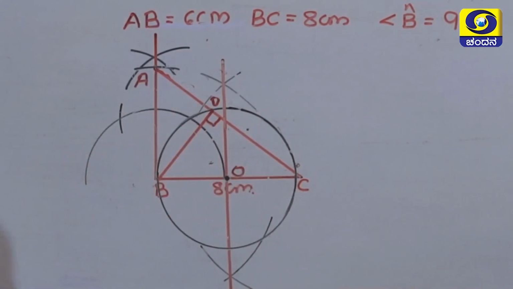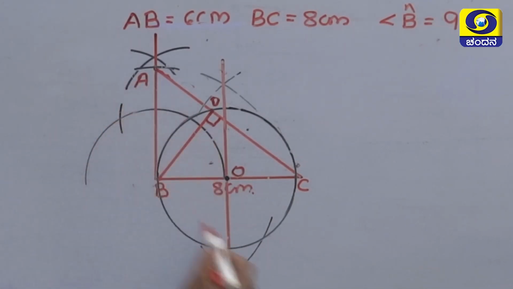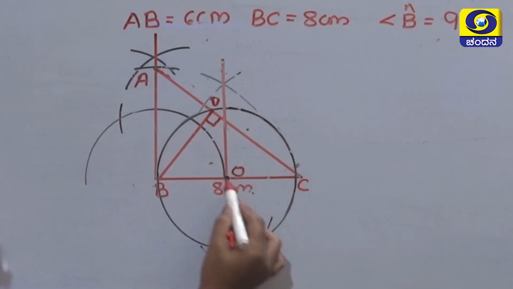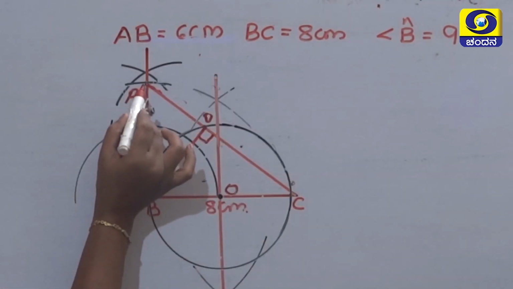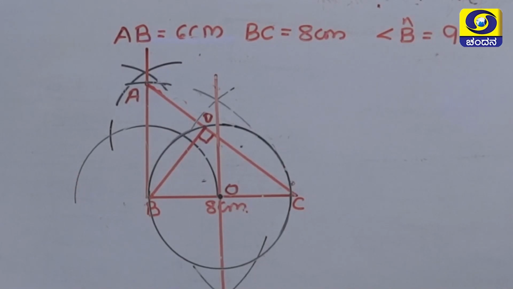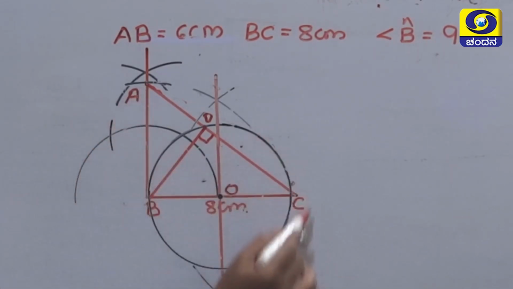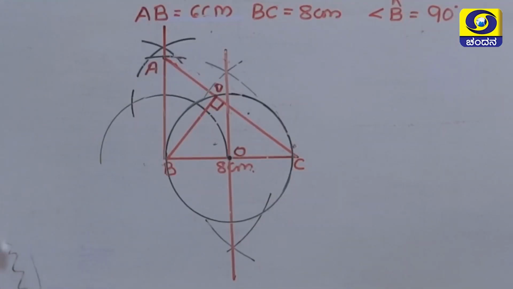Now our work is to draw two tangents from this point A to this circle of center O. Already we have one tangent AB. Now our work is to draw one more tangent from this point A to this circle. To do this, you can follow two ways.